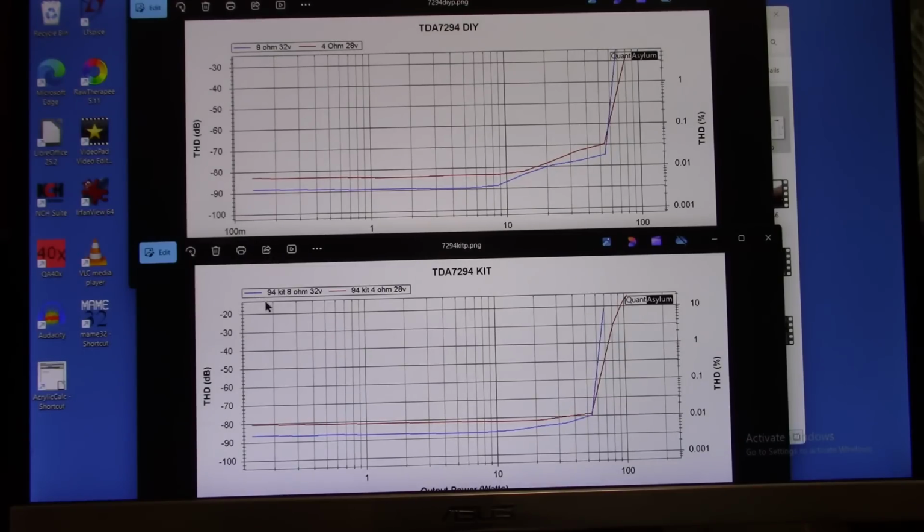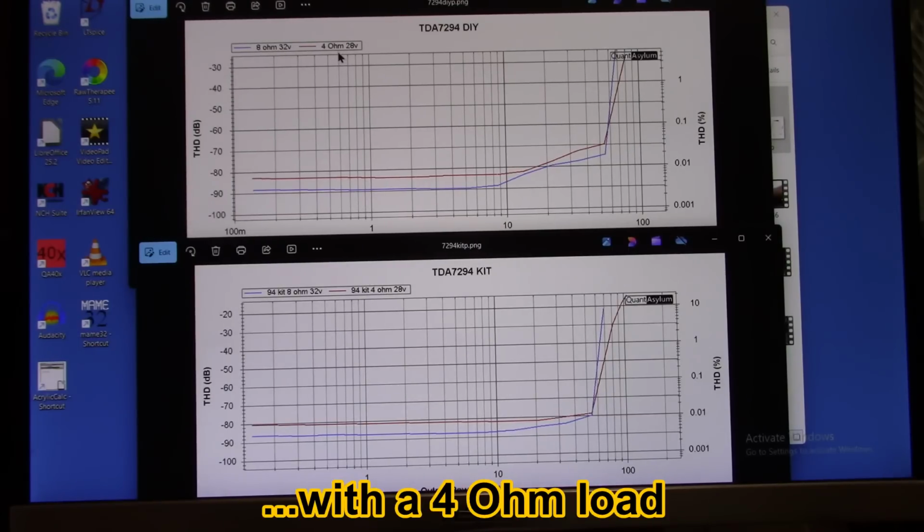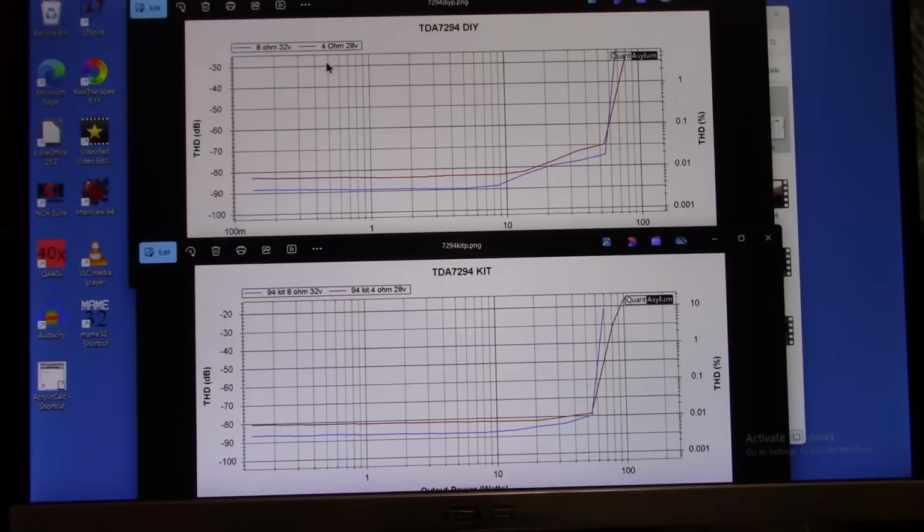And that's what I used with the blue 8 ohm line. And I don't recommend operating these chips higher than plus or minus 28 volts, due to the current and thermal limitations, and that'll be the red line.